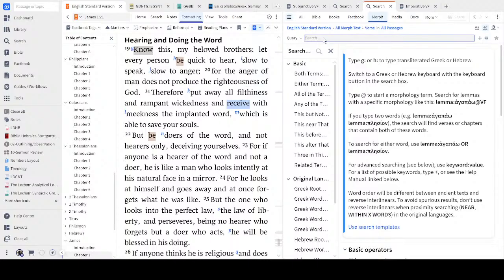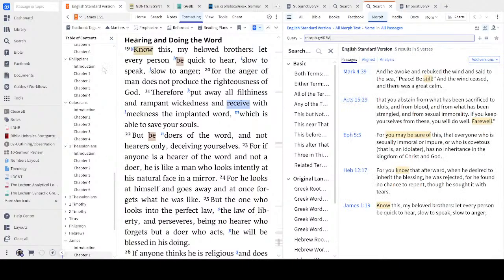Let me do that search again so you see: verb, imperative, and perfect. When I search this, that color is going to change. Yellow and gray make a brownish color.